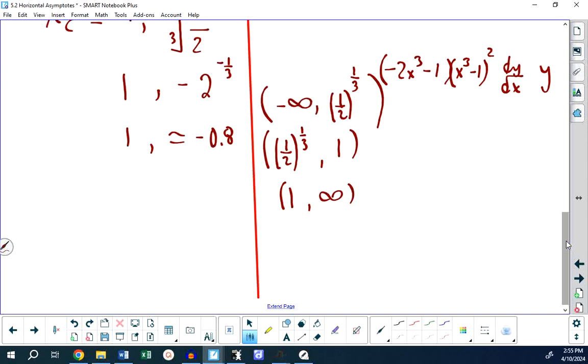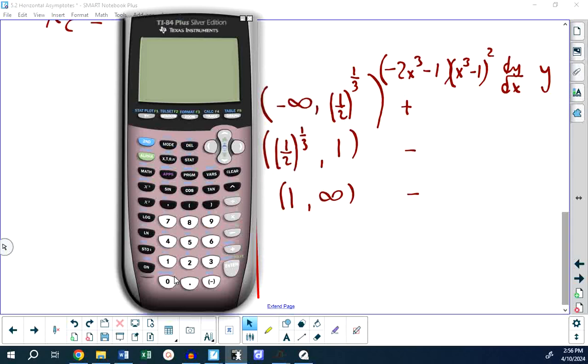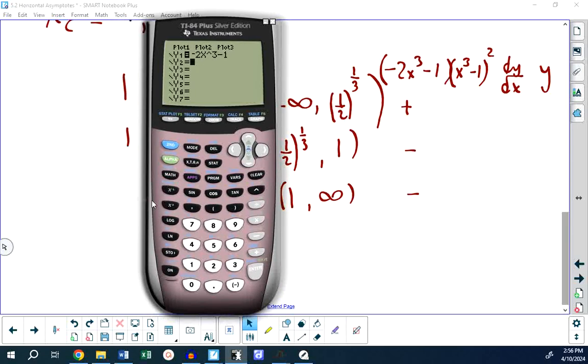I wouldn't go, oh, it's going positive to negative, or I think it is going to go positive to negative. I'm pretty sure it will be this. But what you might want to do, because I'll tell you what, if you try to graph a function and you've got one piece of the puzzle that's wrong, you'll go nuts trying to make it work because it just won't work. So you might want to cheat a little bit here and go negative 2x cubed minus 1. That's that factor.